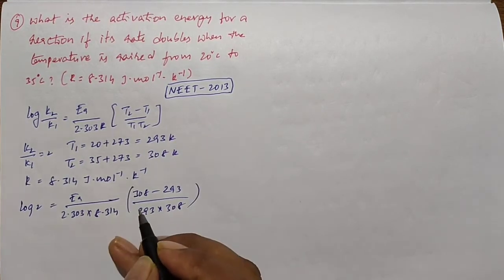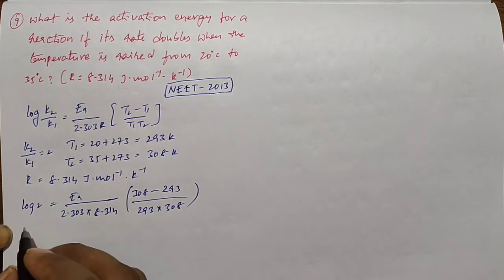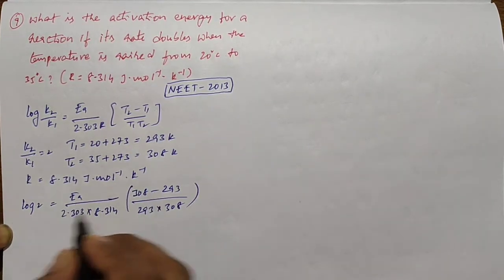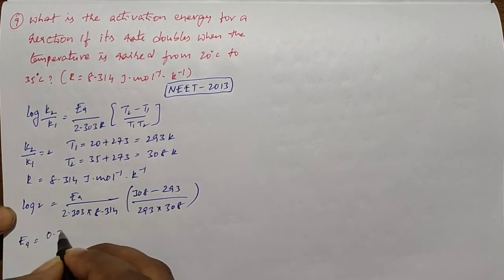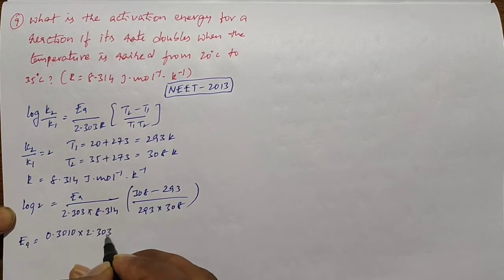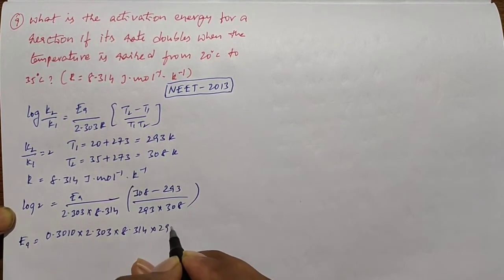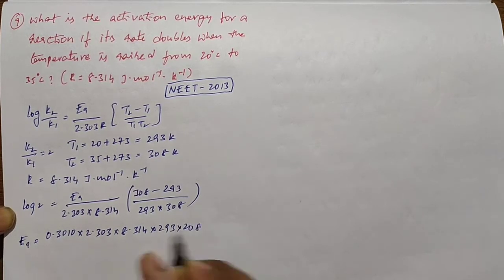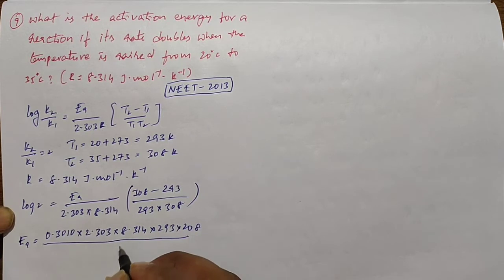Now we need the Ea value. Except Ea, take all things to this side. So Ea is equal to, taking the value of log 2 as 0.3010, into 2.303 into 8.314 into 293 into 308, divided by 308 minus 293, which is 15.